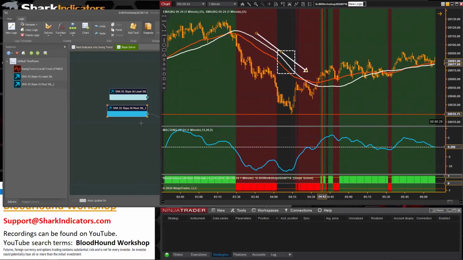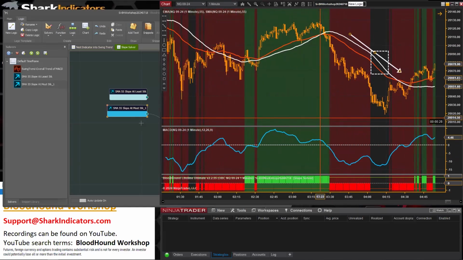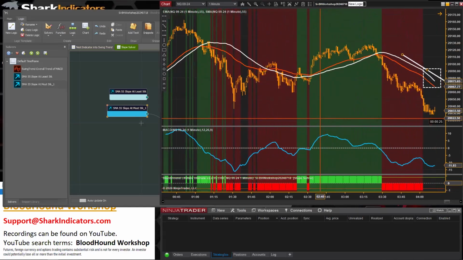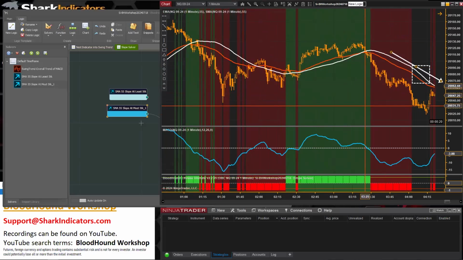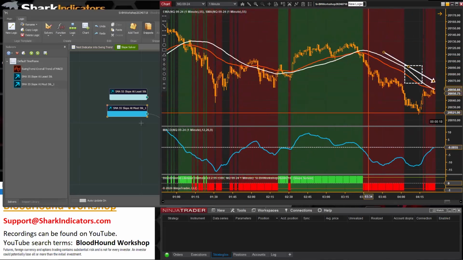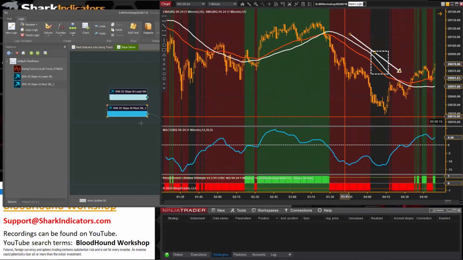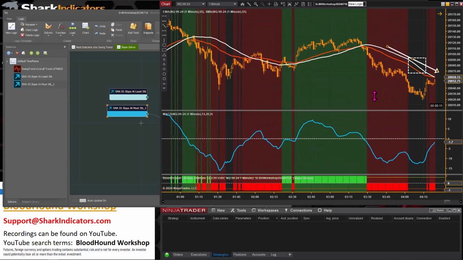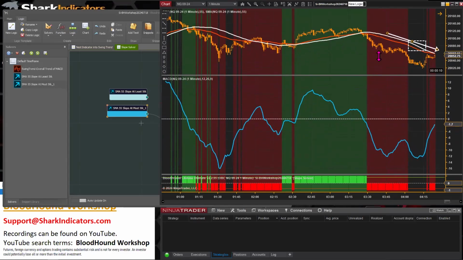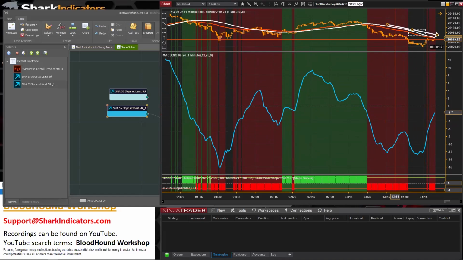Let's see if I can do this. Yeah, there we go. There's kind of a bad spot on the chart here, but you can see that as you scroll through, the angle is changing. Right there, you can definitely see the angle is changing. And if I do this, look, now that arrow is almost flat, right?